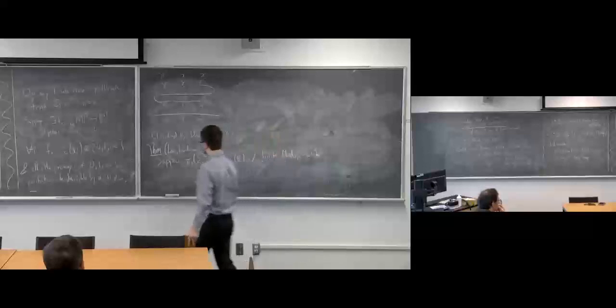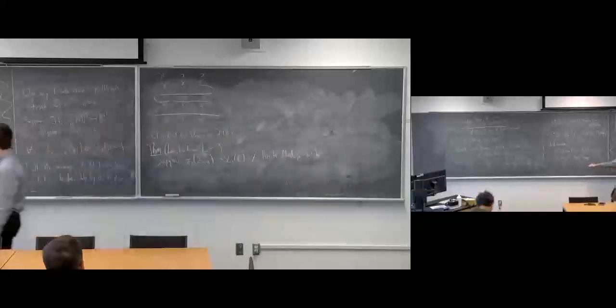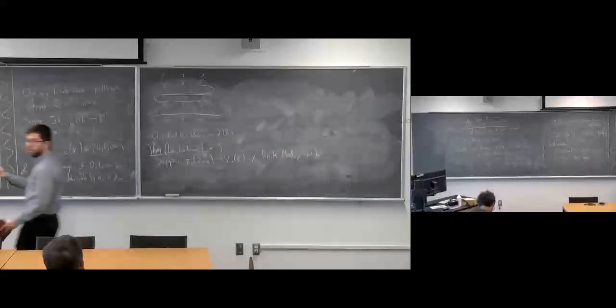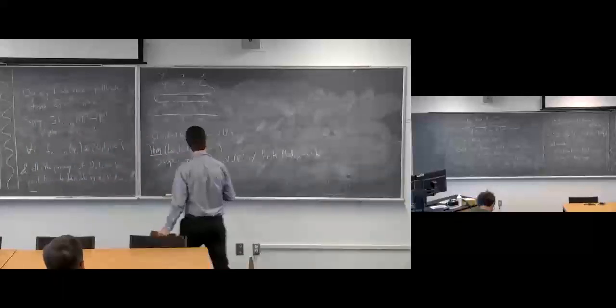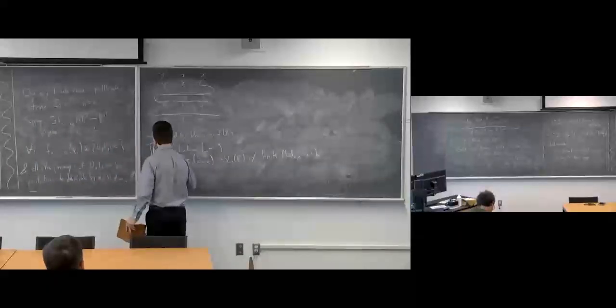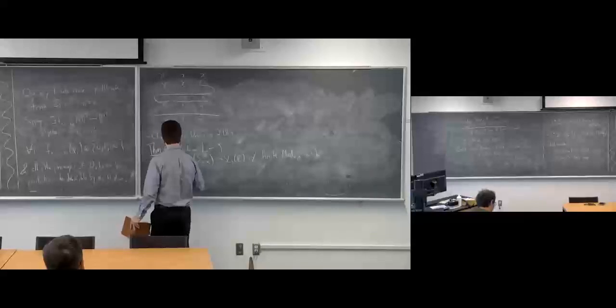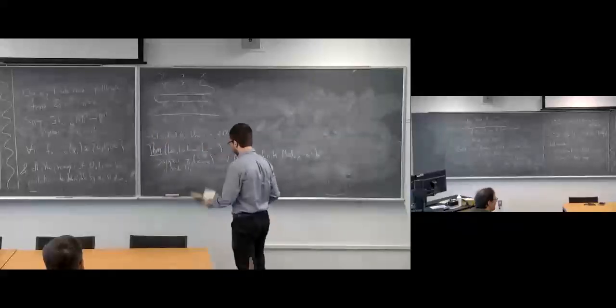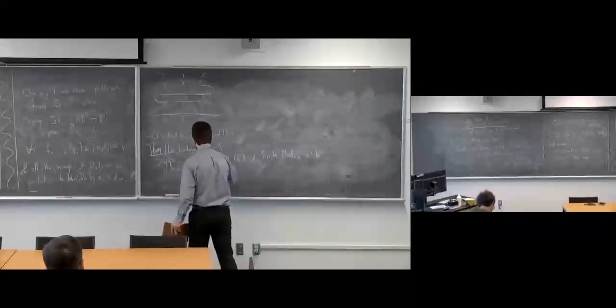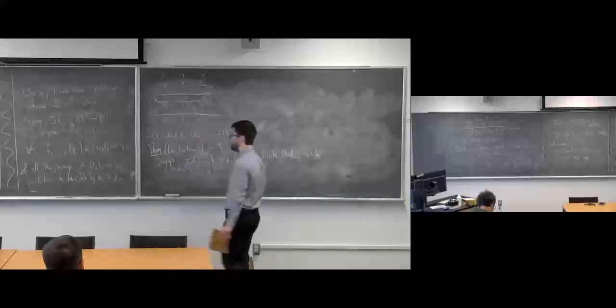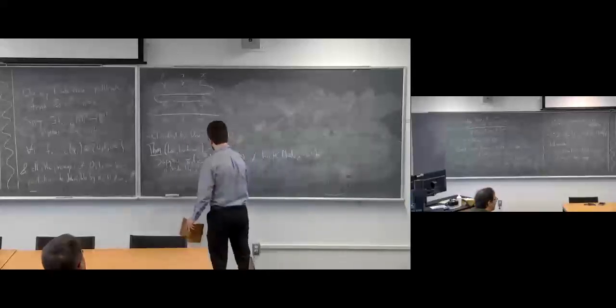And I want to say it's Zariski dense. That's the only interesting case left, but let me say that in a slightly funny way. Suppose it's irreducible. And what's a good way to make sure it's Zariski dense? I want to require that the local monodromy around some point has infinite order.